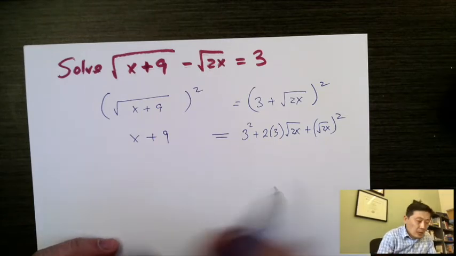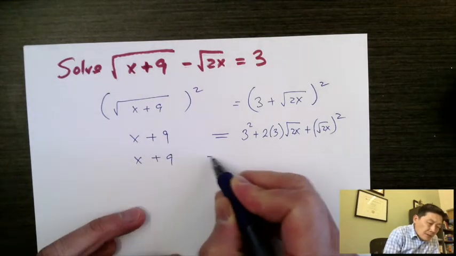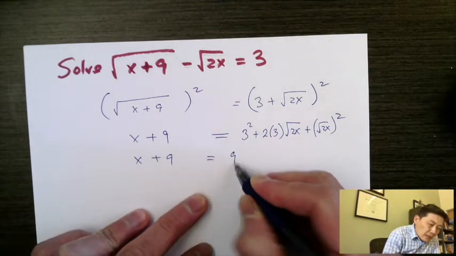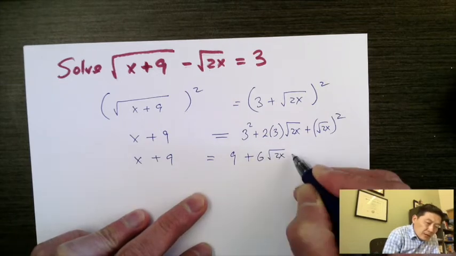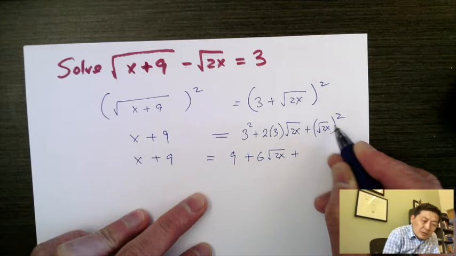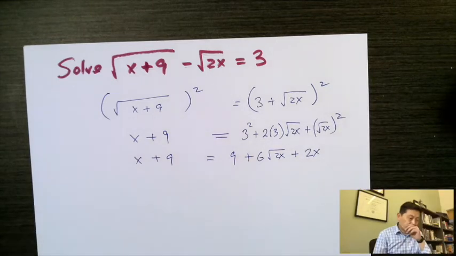Now we're going to clean this up a little bit, and we end up with x plus 9 is equal to 9 plus 6 times square root of 2x plus square root of 2x parentheses squared. It just becomes 2x.